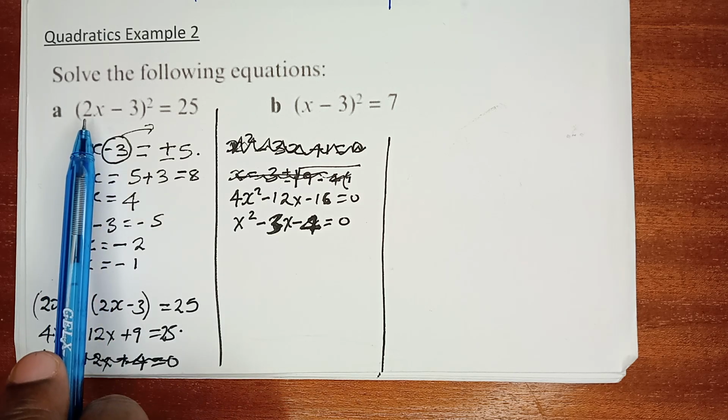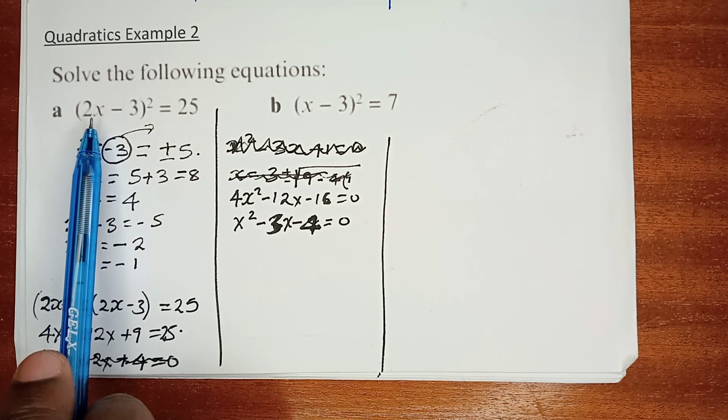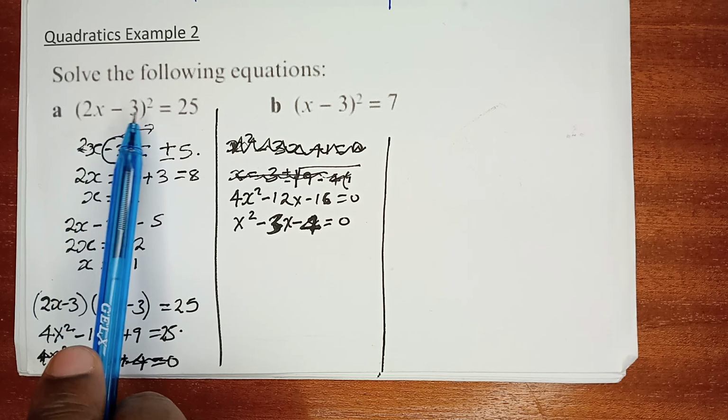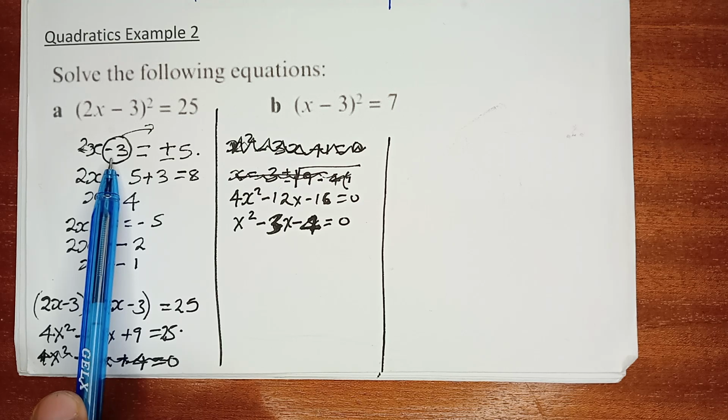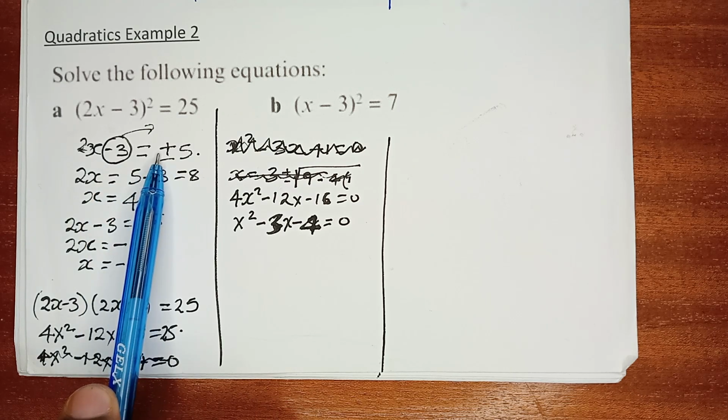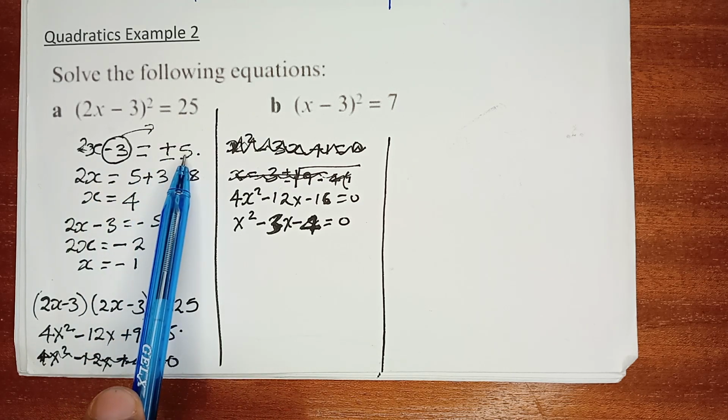And when you get the square root of the left hand side, 2x minus 3 squared, the square root of that is simply the bracket itself, 2x minus 3, which is equals to the square root of 25, which is plus or minus 5.